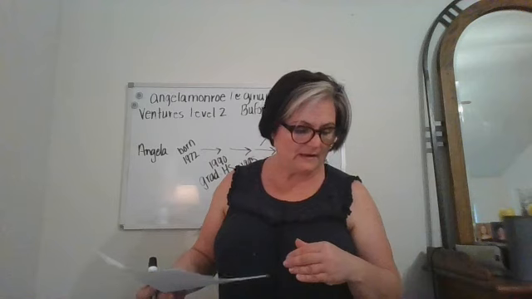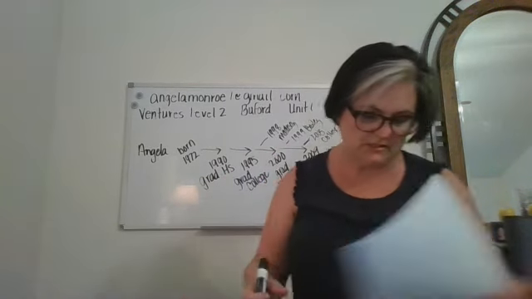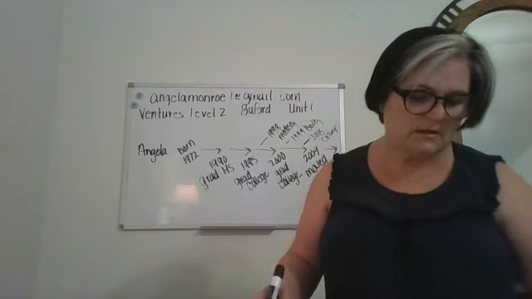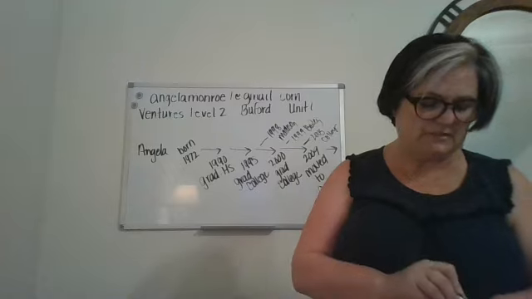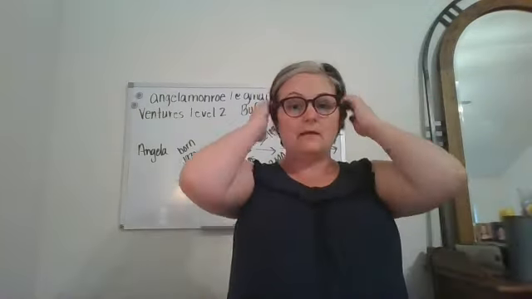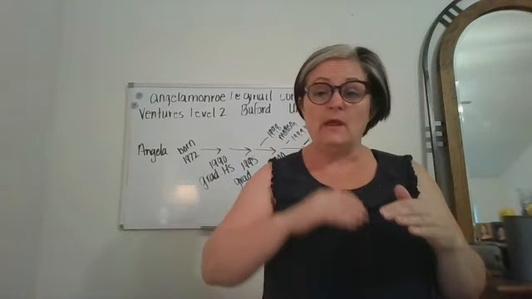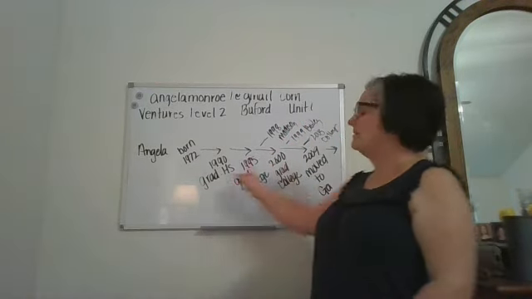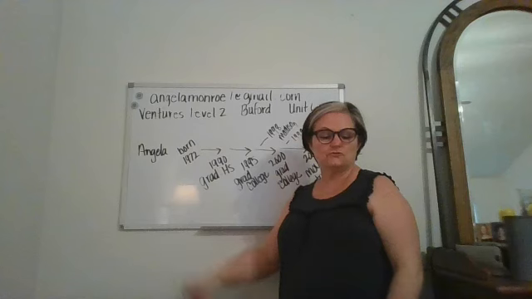Okay, let's go back. I don't think we covered page 72, right? So let's go back and look at page 72 real quick, and we'll go over this, and then we'll move on. But we're still talking about time, and we're still talking about things that happened in the past, right?